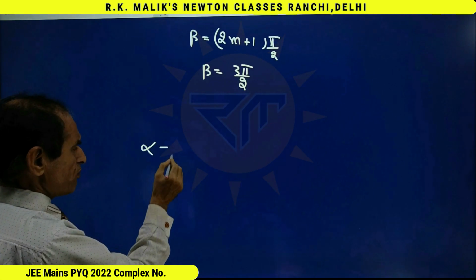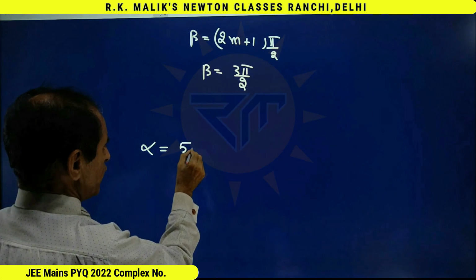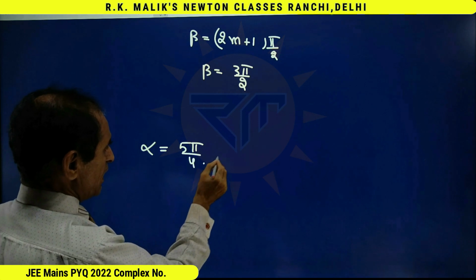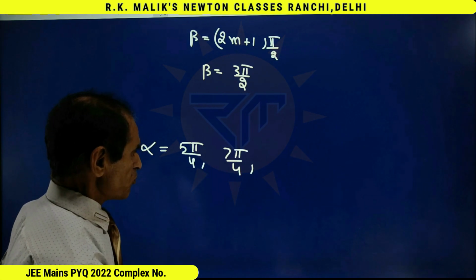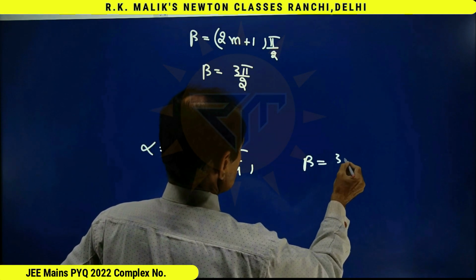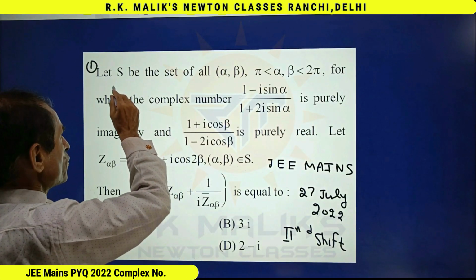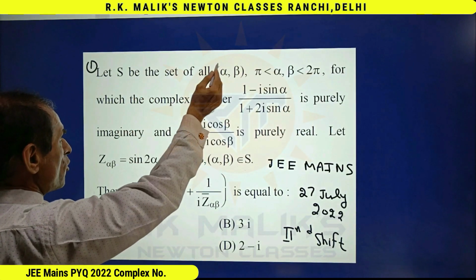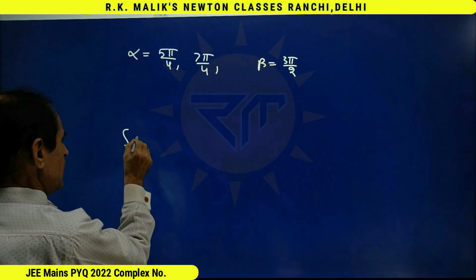Hence, all possible values of alpha are 5 pi by 4 and 7 pi by 4, and all possible values of beta are 3 pi by 2.